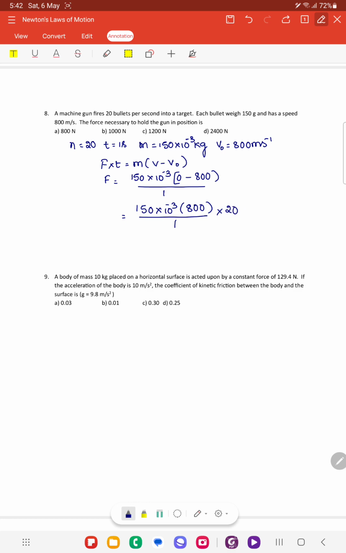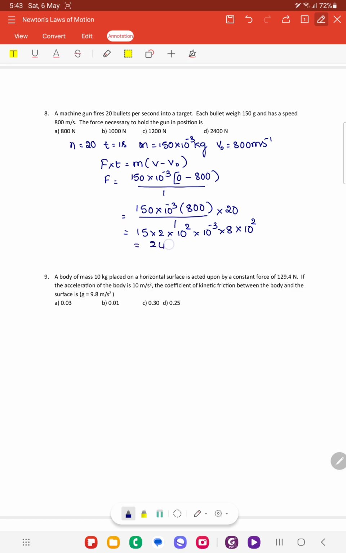So we have 15 into 2 into 10 square into 10 raised to minus 3 into 8 into 10 square. So 15 into 2 is 30, 30 into 8 is 240.